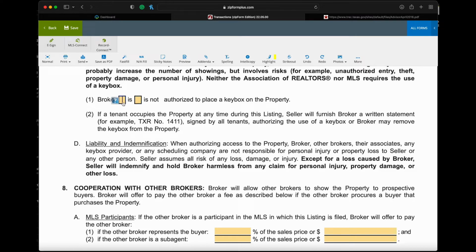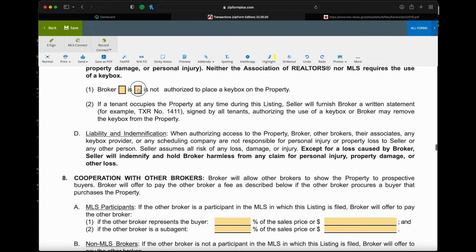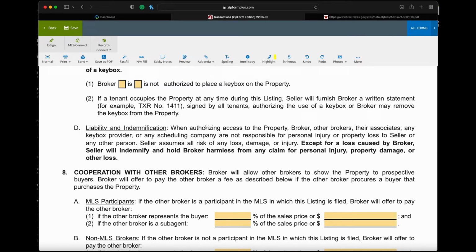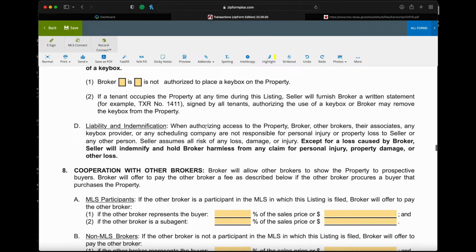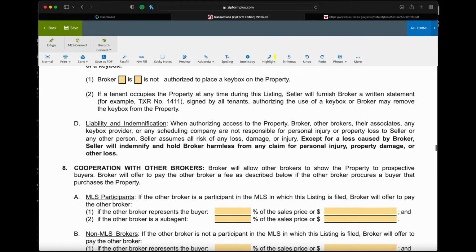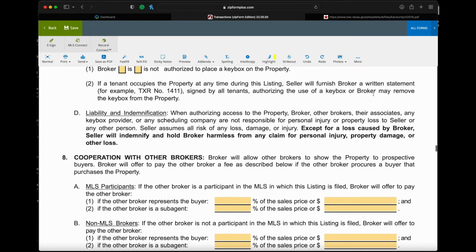It just depends on the seller. We had a listing a little while back that was the case: no lockbox, no sign, very difficult, and the house did not sell. Anyways, this is if a tenant occupies the property, the seller will furnish the broker all the signed authorization.